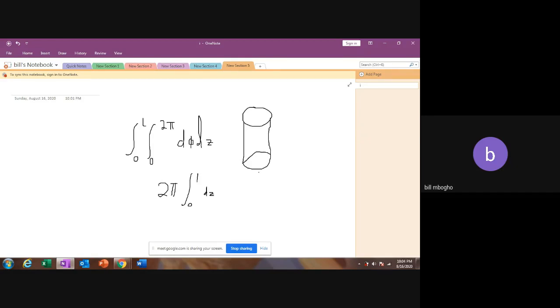This is our z direction, and then our phi direction is going like this, and our rho direction is going outwards.